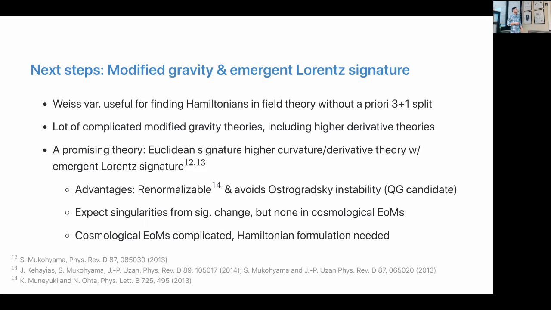But there's not much more I can do with the cosmological equations of motion at the moment, because they're very complicated. It would be nice to set it up in the form of a simple dynamical system, and for that I would like to have a Hamiltonian, just for the homogeneous cosmological background.